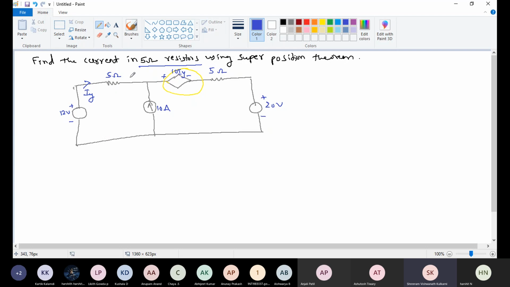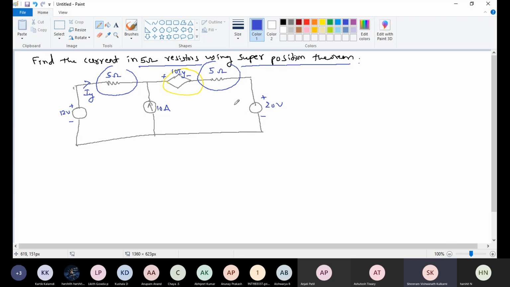Now the question is to find the current in the 5 ohm resistors. It means we need to calculate the current through this left side 5 ohm as well as this right side 5 ohm by the superposition theorem.